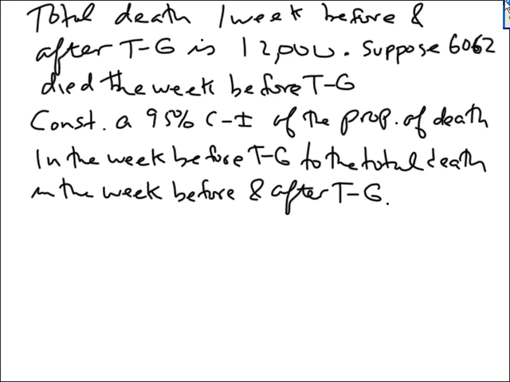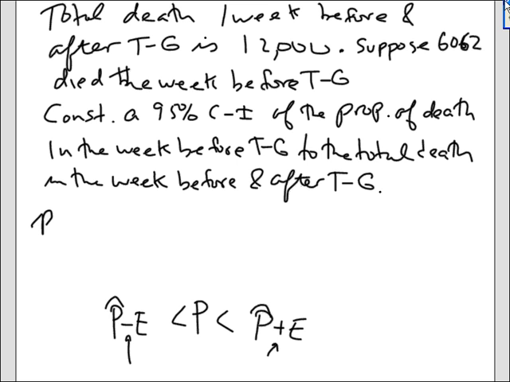So for a confidence interval, that means we need to know p hat minus E, and we also need to know p hat plus E. That is, we need to know p hat and E. If we know the two, we can surely subtract them and add them.